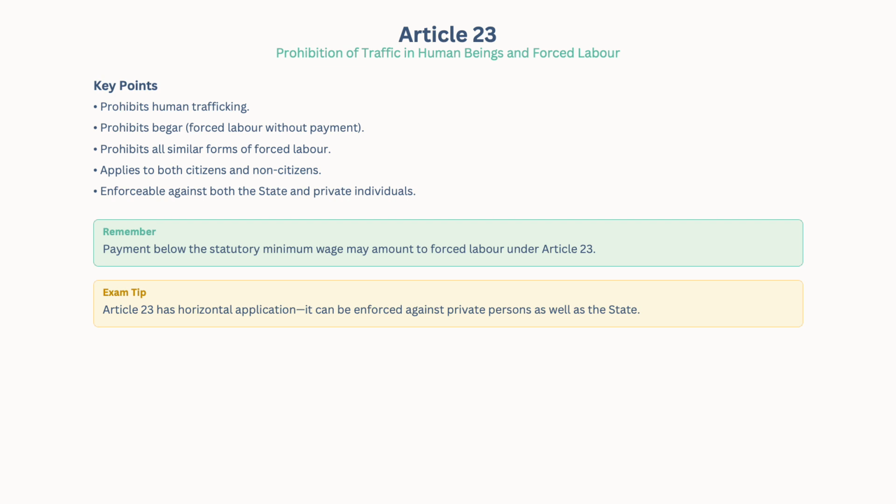So no state is legally allowed to fix the amount lower than this baseline. And understanding human trafficking, forced labor is also trafficking: bonded labor, sexual exploitation, child trafficking, slavery, sale and purchase of persons. Okay.